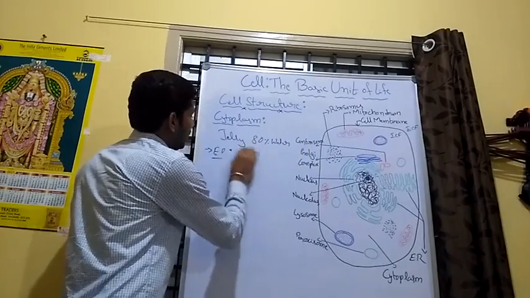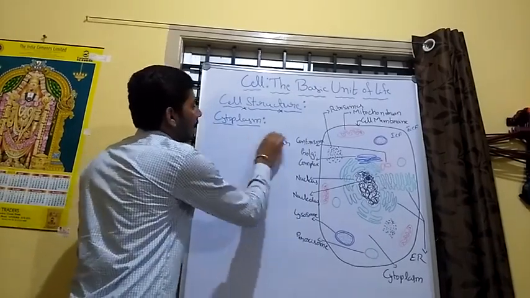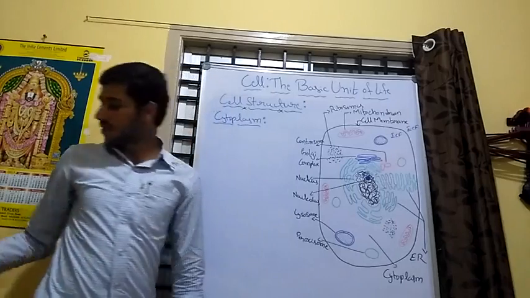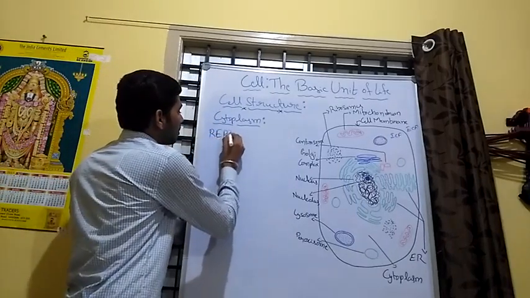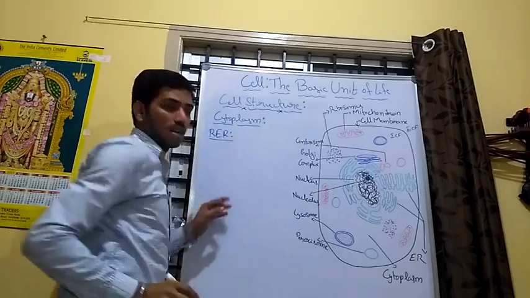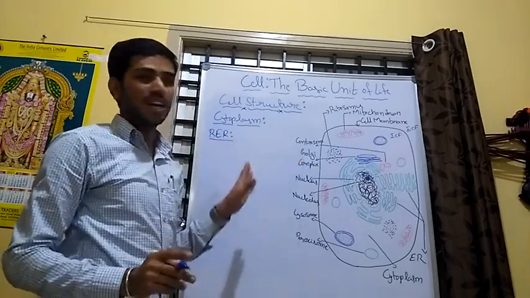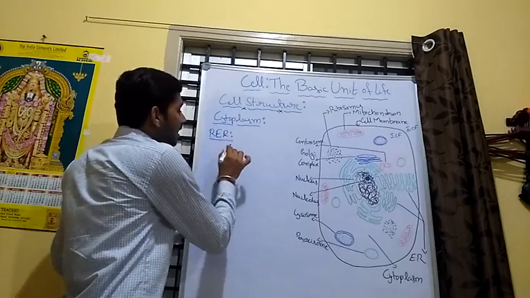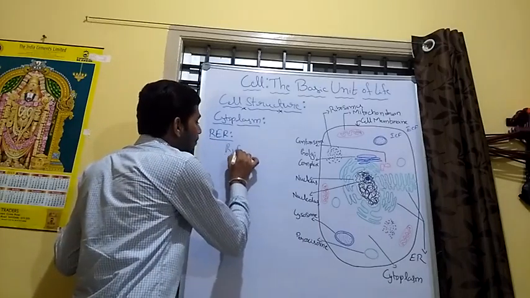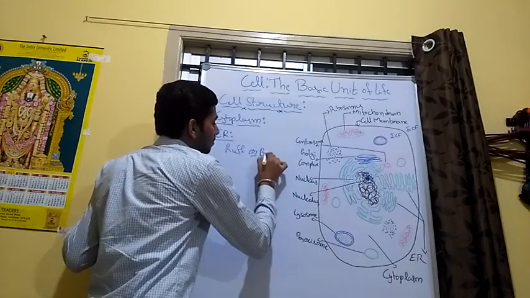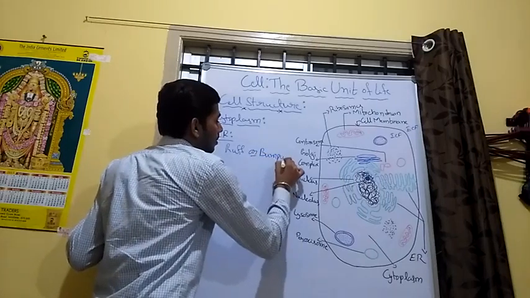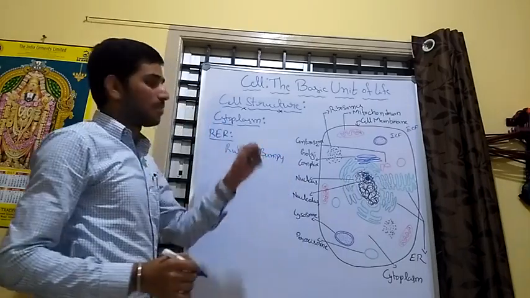First, we go to the rough endoplasmic reticulum. Rough endoplasmic reticulum is the endoplasmic reticulum with a rough or bumpy appearance. Why the rough appearance?